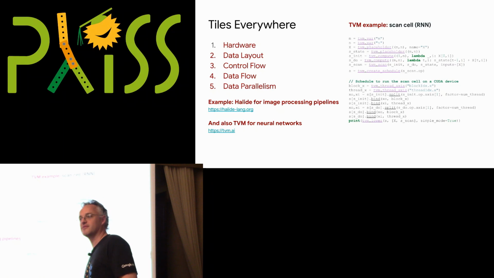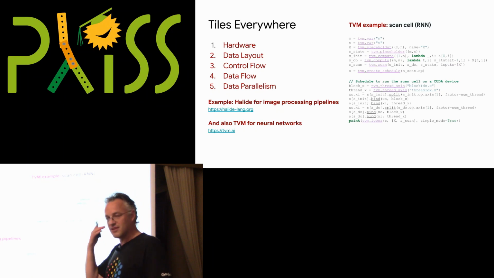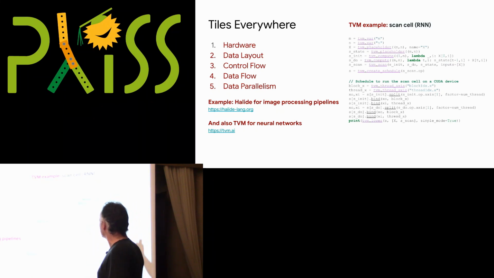Otherwise, you don't get any performance. Okay? So the schedule is there to ease that process. So it doesn't get away from understanding mentally as a programmer the constraints of the hardware, but at least it makes the lowering from the denotations to the operations much more, let's say, reusable and productive.